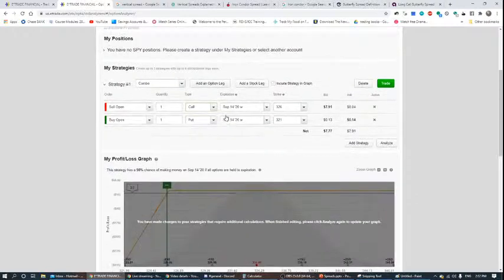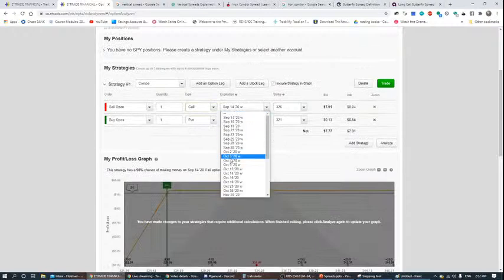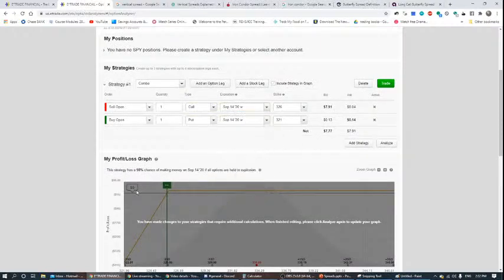Same rules apply, except that now you're going to try to find where we have resistance on the stock. So 340, we can go 340 and 342.